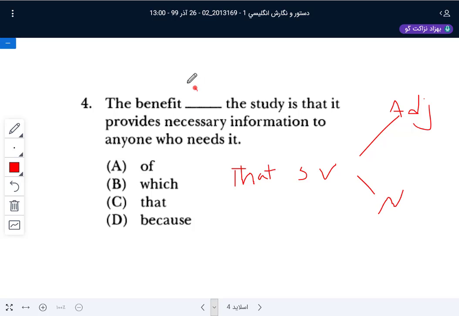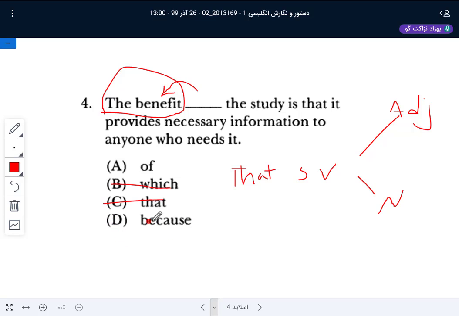Here, it follows the subject, and the subject is a noun, so it's an adjectival clause if I choose that. So again, we don't have any verb to complete the meaning of the benefit. That is why this is not correct and this is not correct for the same reason.